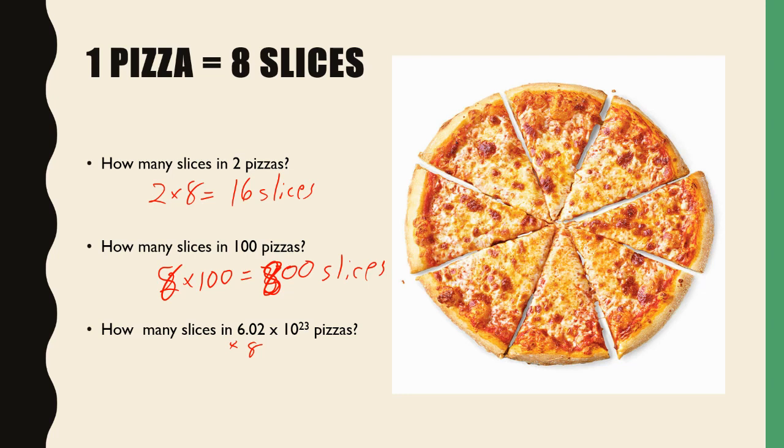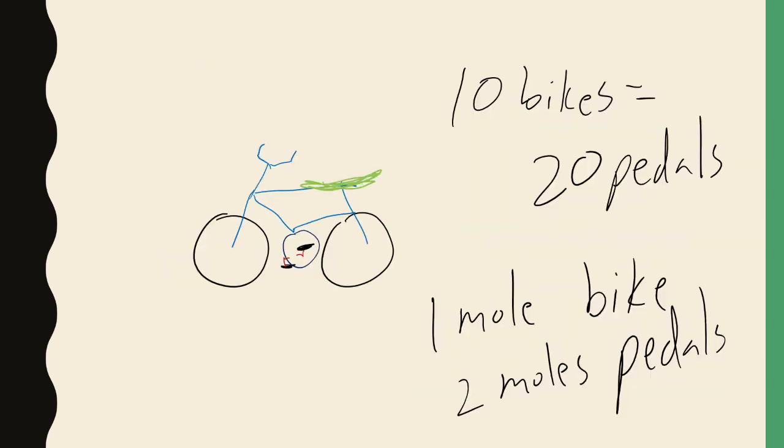Because a pizza is a larger thing than the slices. Another way to think of it with molecules is, right, every bike has 2 pedals. So if you have 10 bikes, you have 20 pedals on that bike. And if you have a mole of bikes, then you'd have 2 moles of pedals.